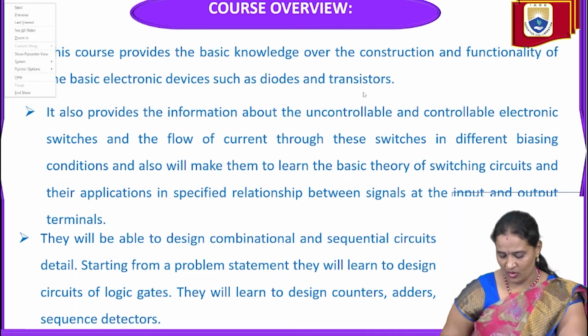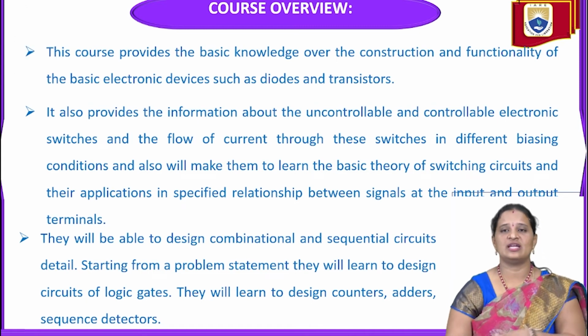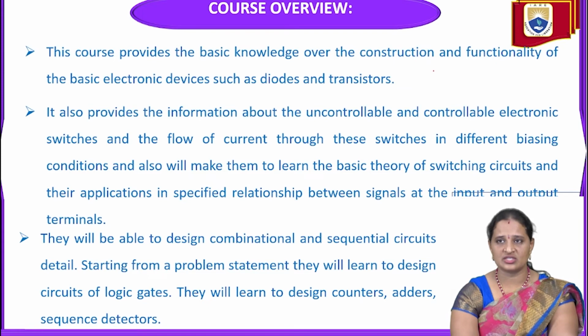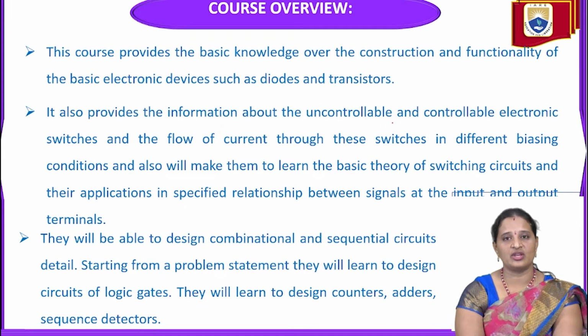This is the overview of the course, that is our analog and digital electronics course. This course provides a basic knowledge over the construction and functionality of basic electronic devices such as diodes and transistors. It also provides information about the uncontrollable and controllable electronic switches and the flow of current through these switches in different biasing conditions.